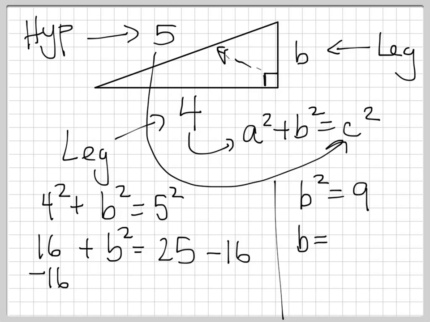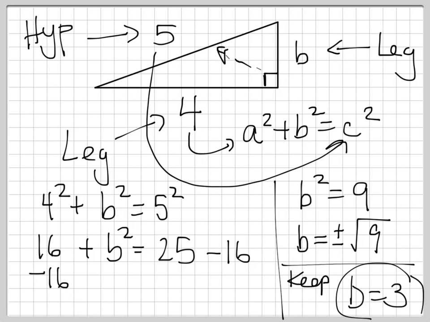And so b is plus or minus the square root of 9, and the square root of 9 is 3, and so we keep b equals 3. And so we have now our other side, and we have a 3, 4, 5 right triangle.